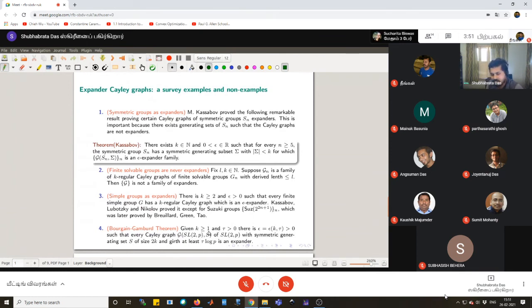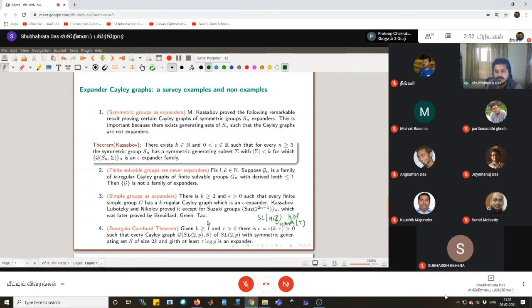So if you remember, what was used there was essentially the property that SL_n(Z), for n greater than or equal to 3, has property T. So property T of SL_n(Z) was used to show that the congruence subgroups there give rise to expander families.